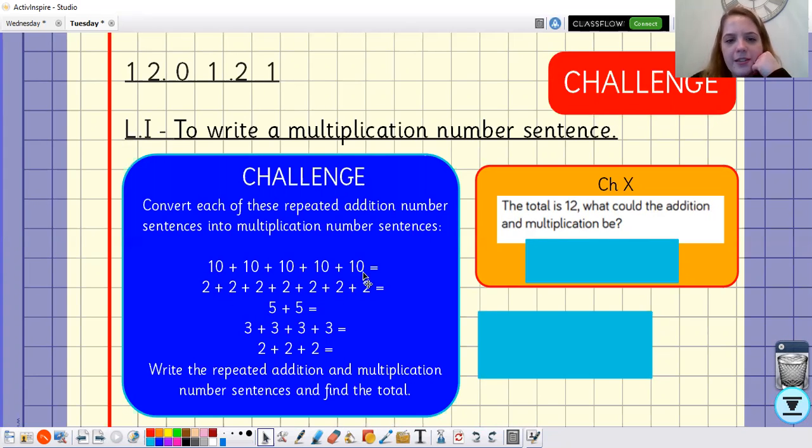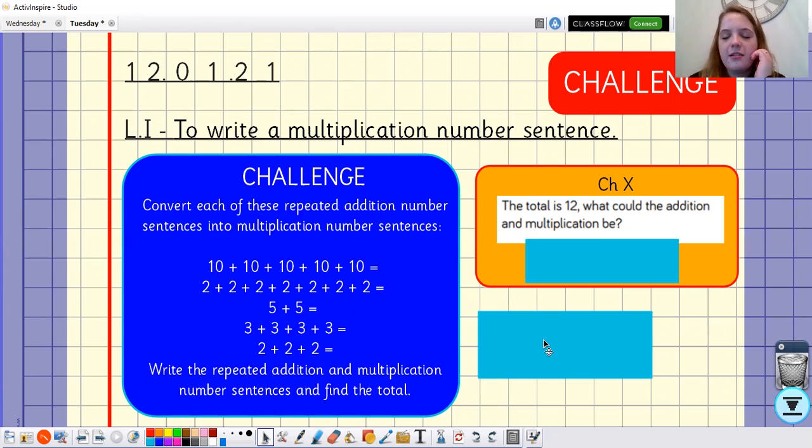I want you to write this number sentence and then write the multiplication number sentence to match the repeated addition number sentence. So on your paper, I should see repeated addition number sentence, multiplication number sentence underneath, and then that you've found the answer for those number sentences.